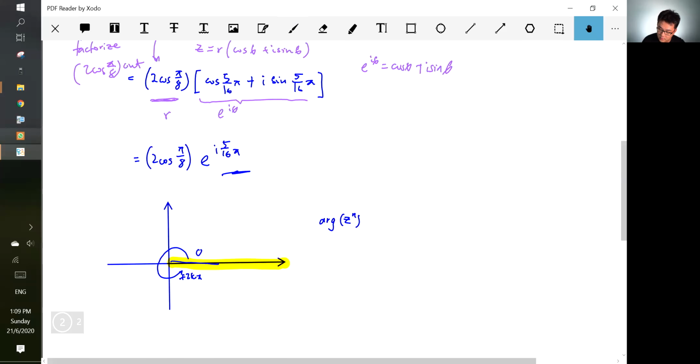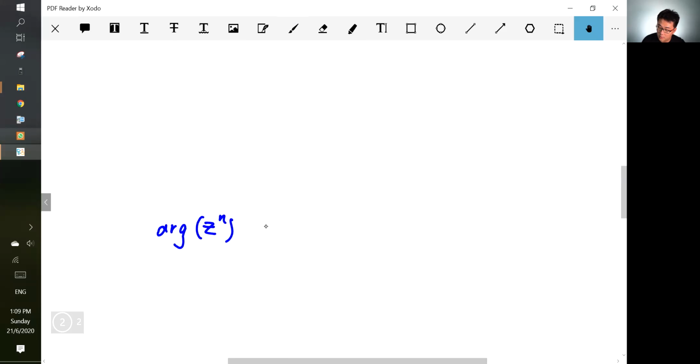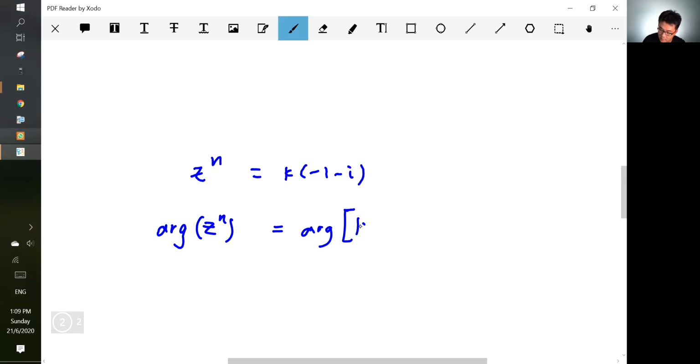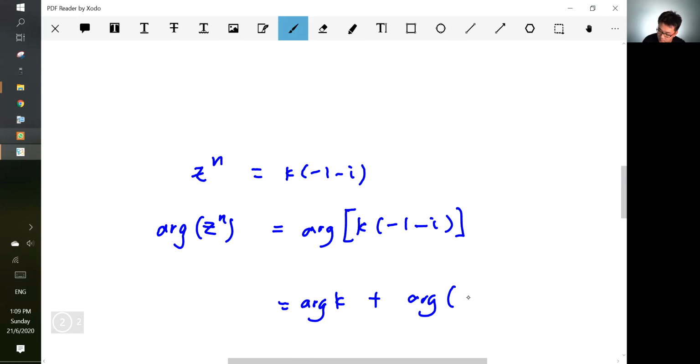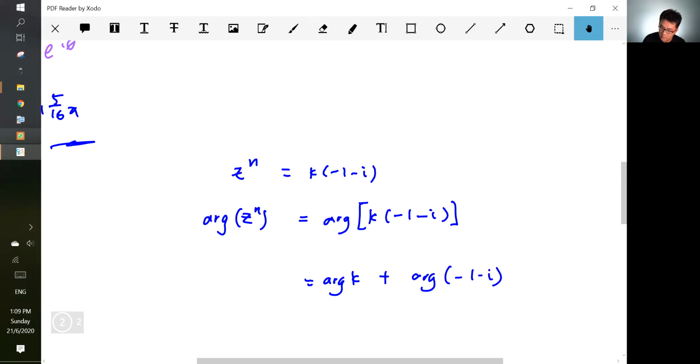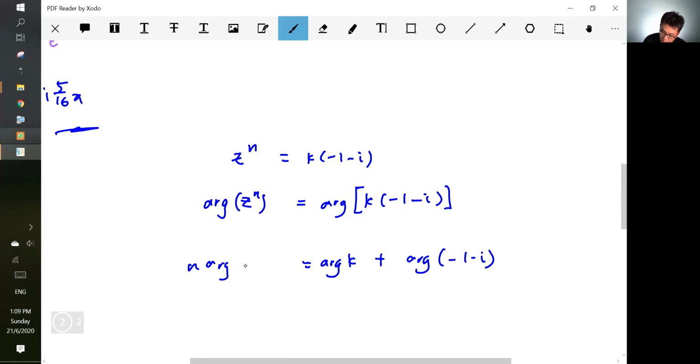If you want this to equal this, this argument must equal this argument here. Since argument behaves like a logarithm, this is argument of (minus 1 minus i) equals n times argument of z.